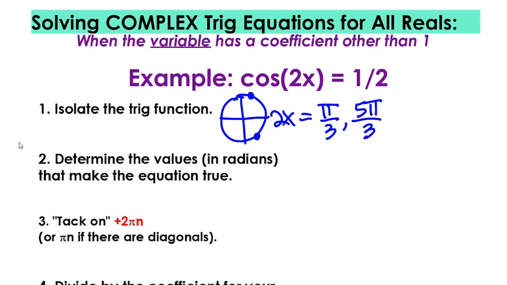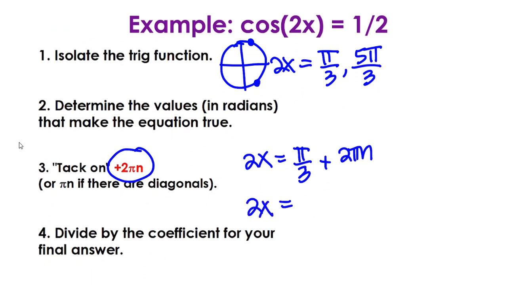Now we don't need to be adding on the values because we're solving for all reals, and so our 2 pi n will take care of this. So I'm going to write 2x equals pi over 3 plus 2 pi n, and 2x equals 5 pi over 3 plus 2 pi n.